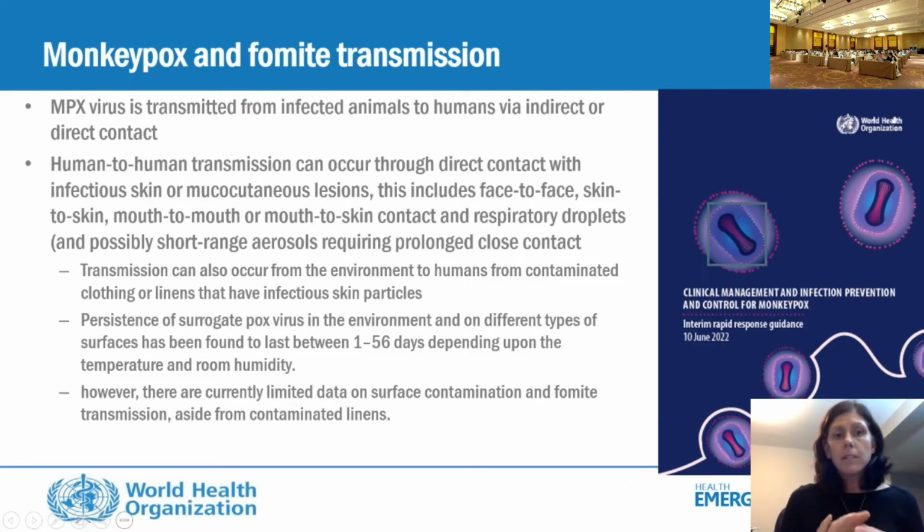And this is through face-to-face or skin-to-skin, mouth-to-skin or mouth-to-mouth contact and respiratory droplets. But we do know that transmission can also occur from the environment. And while we have found some viral RNA on surfaces, we have seen it transmitted through contaminated linens to other people by touching those linens and perhaps dispersing and re-aerosolizing those particles into the air and breathing them in.